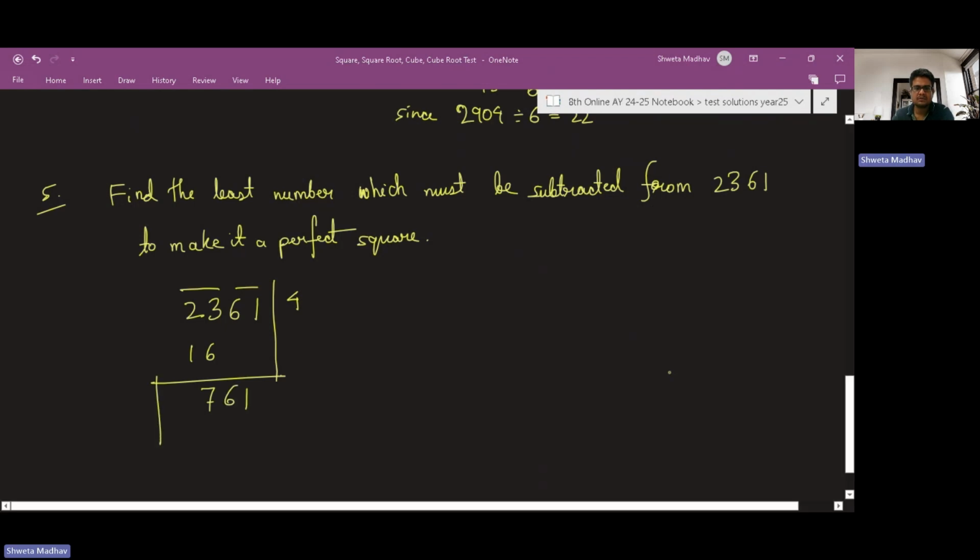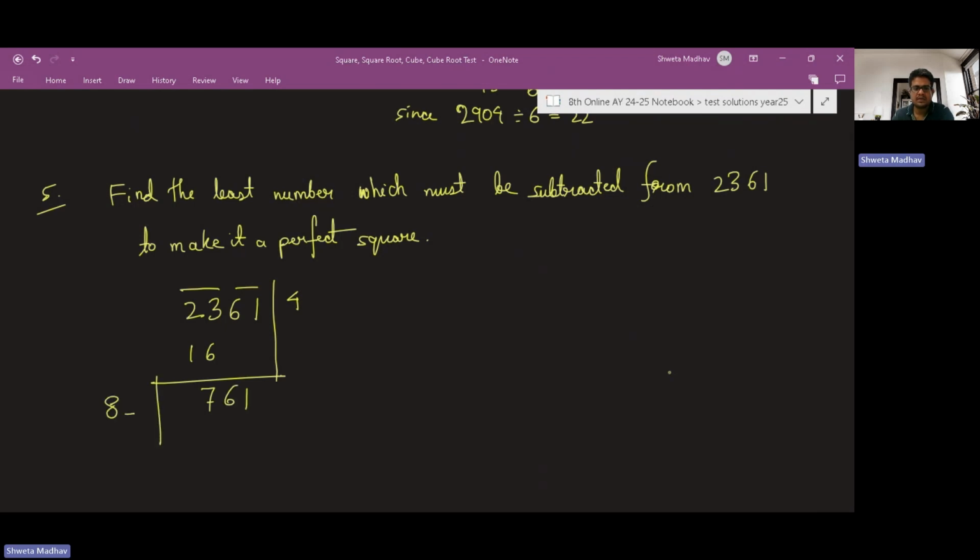Then 61 comes down, 761 here, and then 4 into 2 is 8. So 80 into something should be close to 761. So if you do 7 9 is 63, 9 8 is 72. So we can take 8.